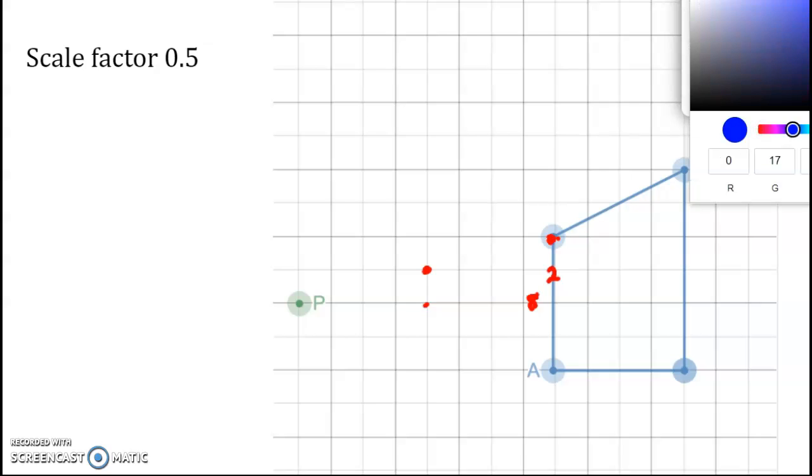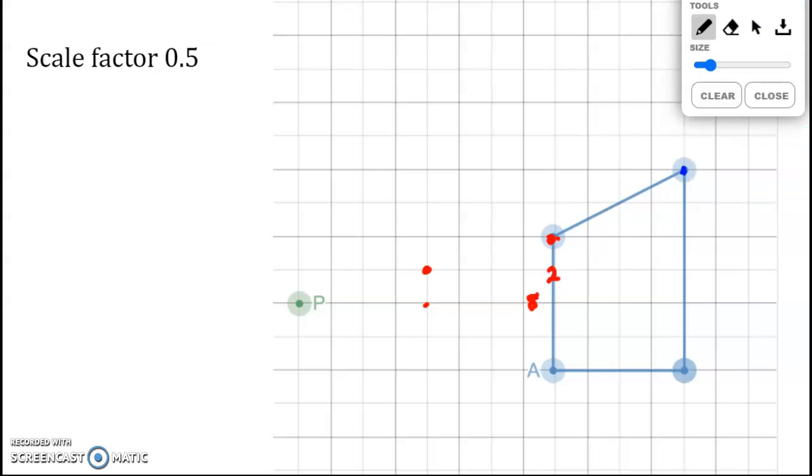Let's do the same with another point. Let's try this point. Okay, this point is how many units? This was 8, 9, 10, 11, 12. So that was 12 units to the right, and 1, 2, 3, 4 units up.